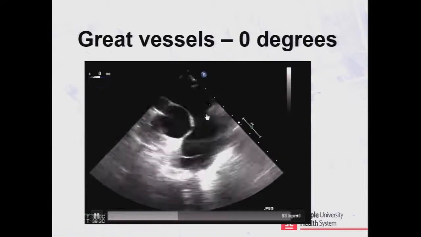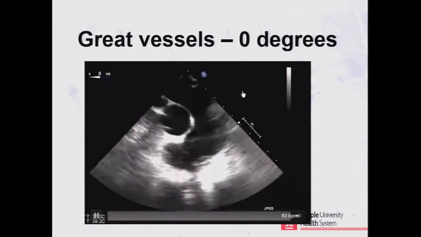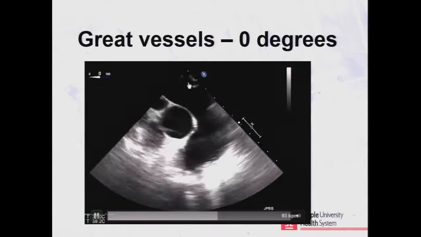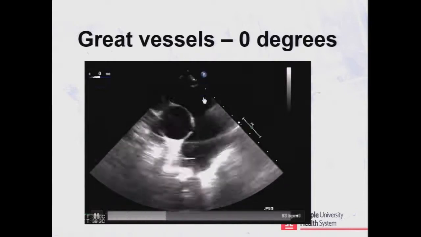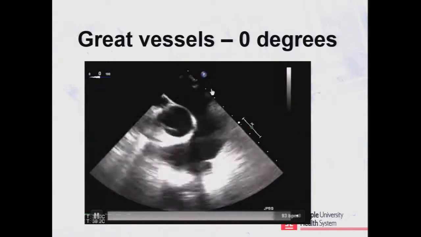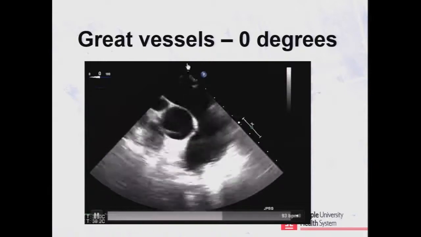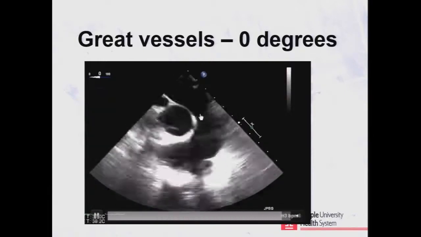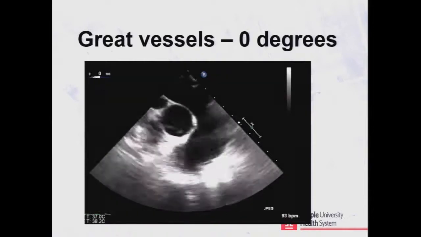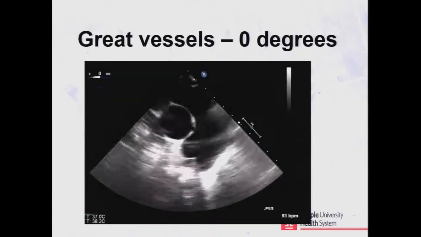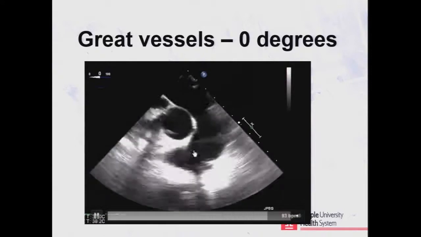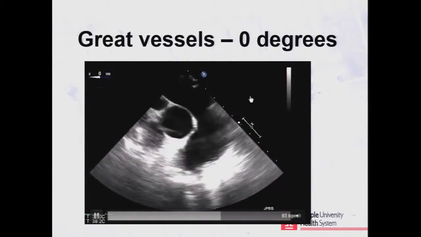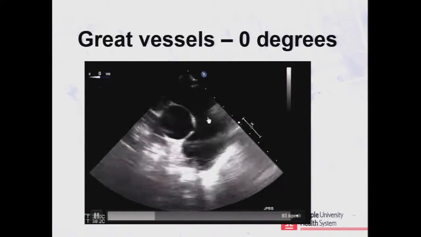this is the right PA. It's very hard to see the left PA by TEE. And a PDA would come in right about here, so it can be very difficult. This is usually right about the level of the carina, where the airway passes between the esophagus and the aorta, and you often just can't see this area very well.